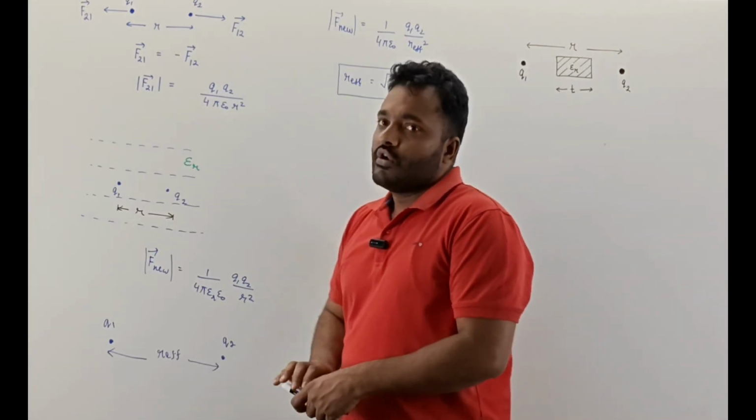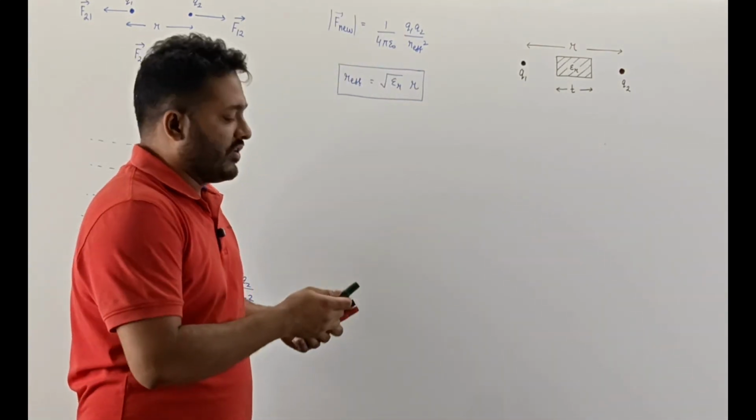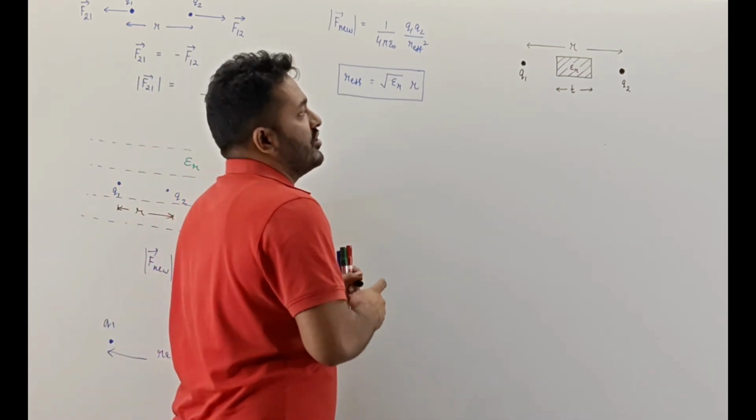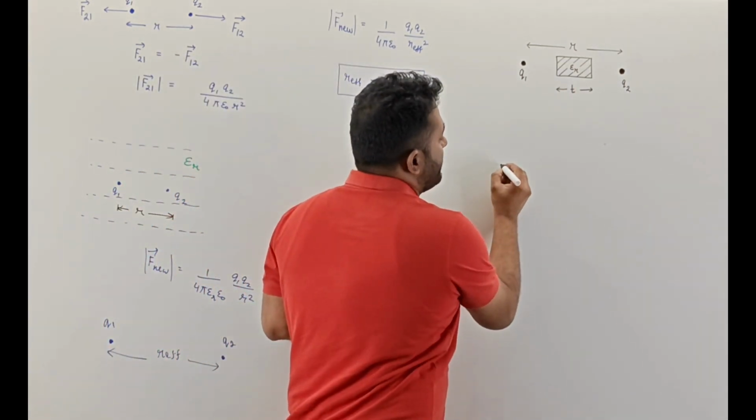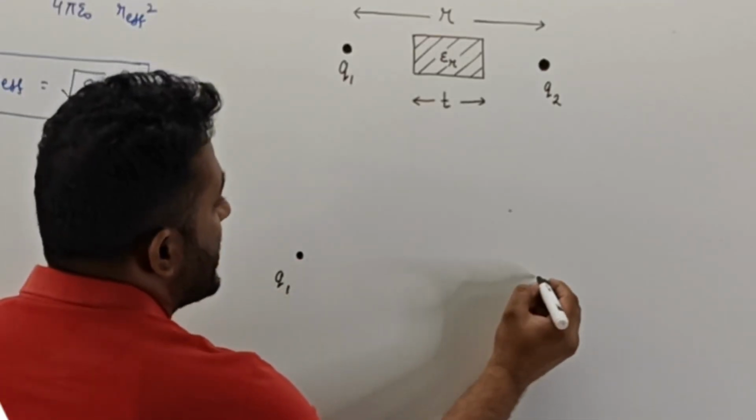So over here, from the calculation which we have done so far, we can be sure about one thing, that we can change this problem in this way: there is a charge Q1, there is a charge Q2.